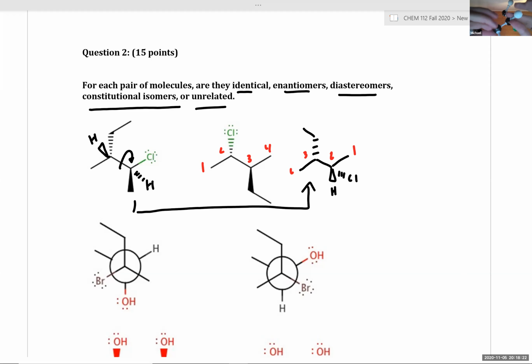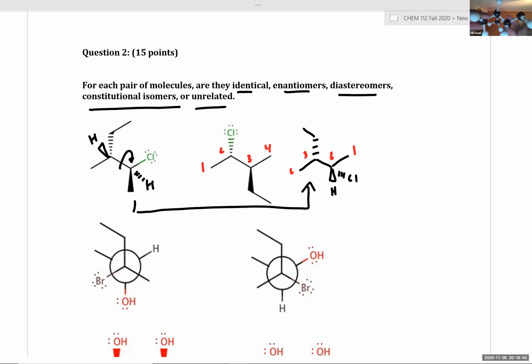Let's set up our traditional view that we had so far. So here is our generic chain matching our drawing.